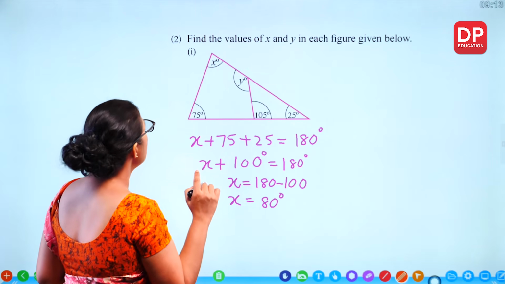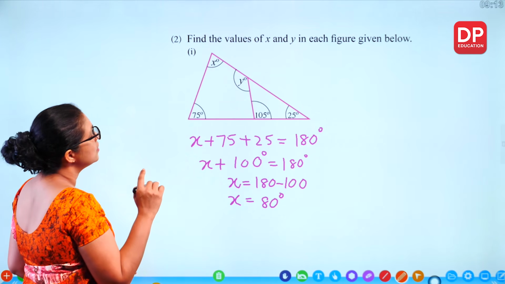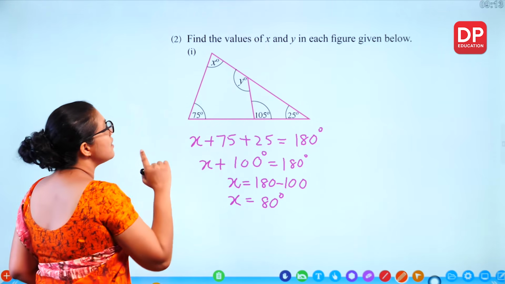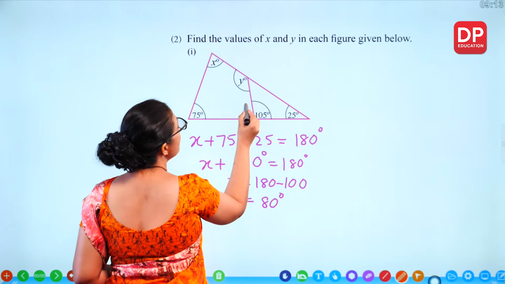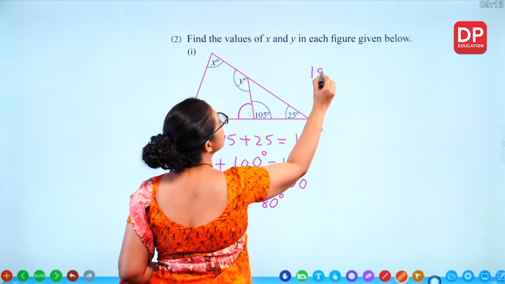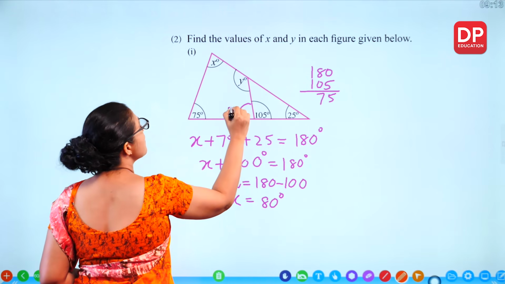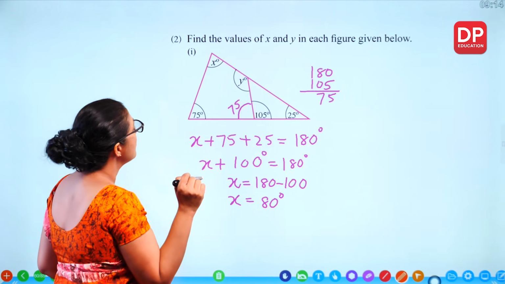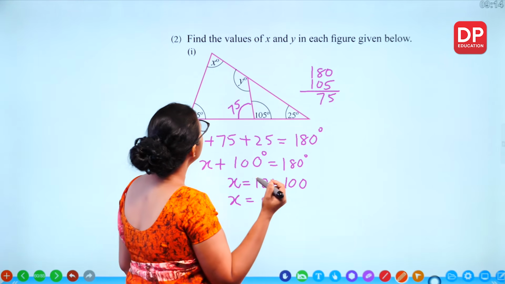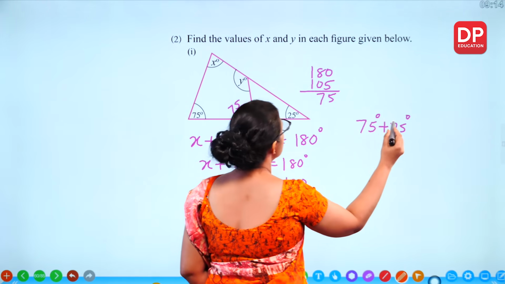Now we can find out the y value. How can we find out y value? So we can use this quadrilateral and find out the y value. So what's this one? 180 minus 105, 75 degrees. So 75 here. Now we can use the sum of angles in a quadrilateral is 360. So 75 plus 75 plus x.